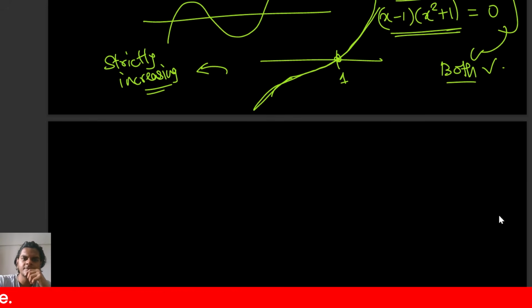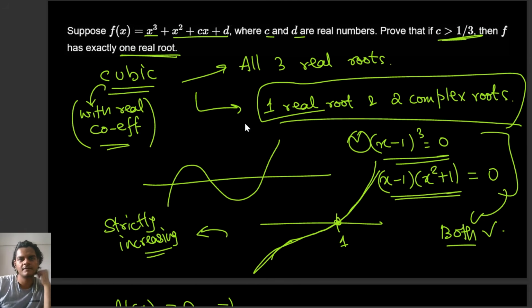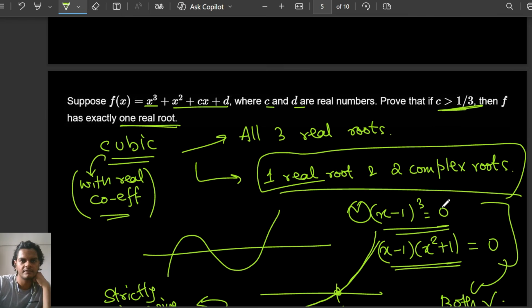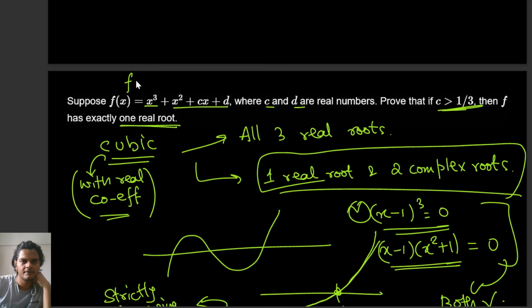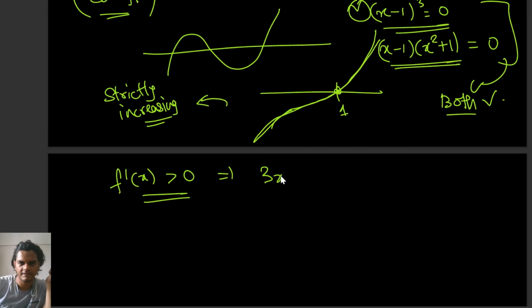Strictly increasing meaning f dash of x has to be strictly greater than 0, which implies, here what is f dash of x? f dash of x would be 3x square plus 2x plus c, that would be 3x square plus 2x plus c greater than 0.